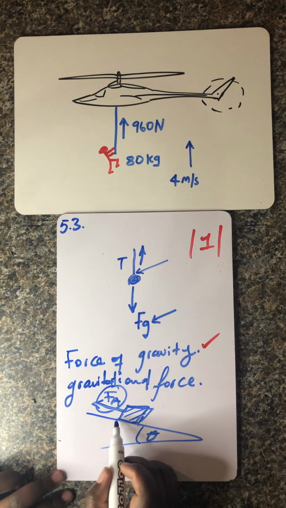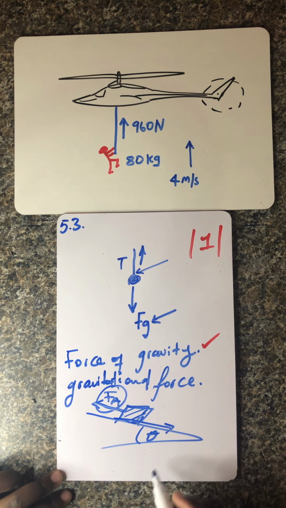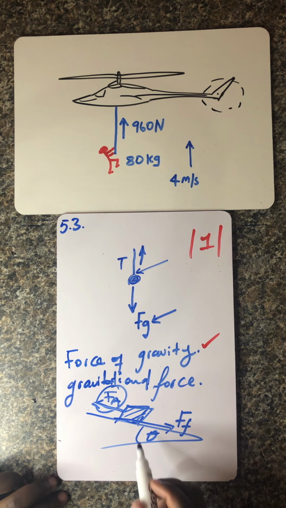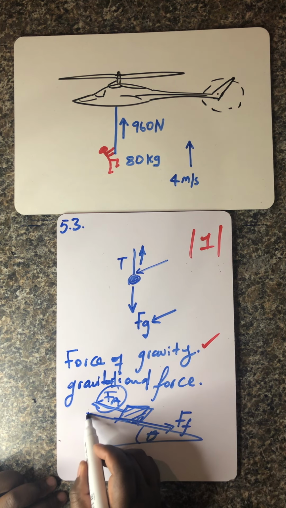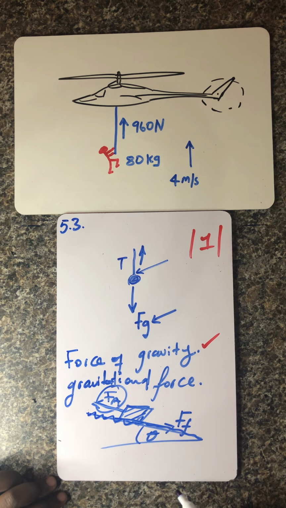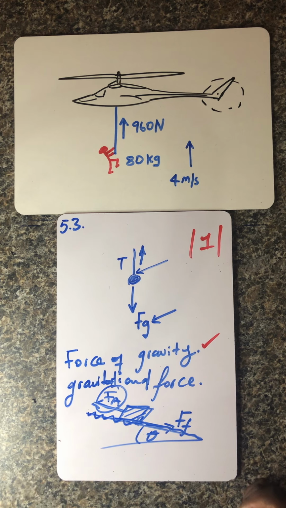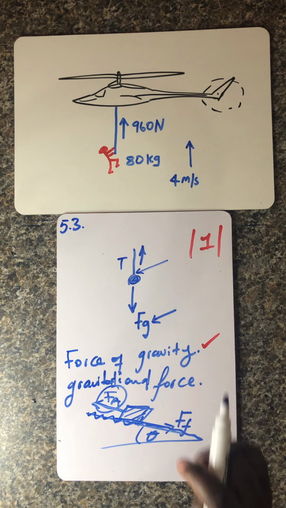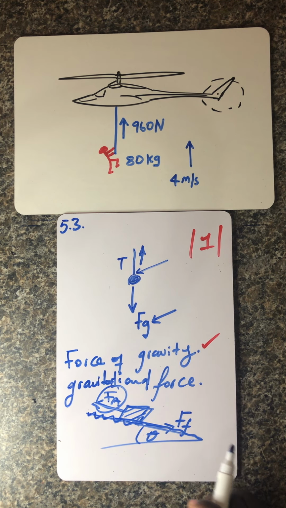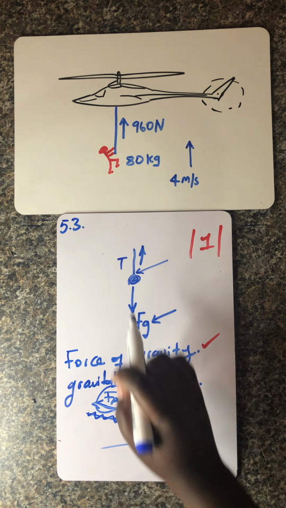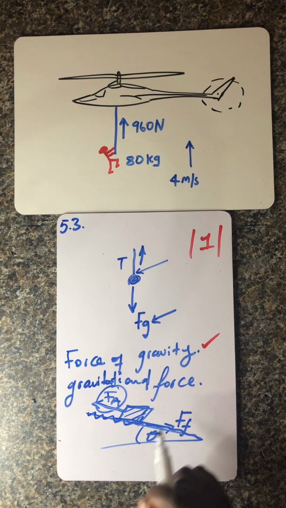Again, we may also have a frictional force, the force of friction, which comes as a result of that object being in contact with the surface. I just want you to understand the difference between the non-contact force and the contact forces. So gravitational force is not in contact with the object, it's a non-contact force.